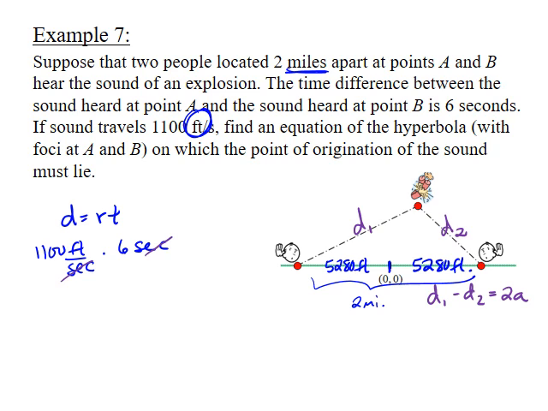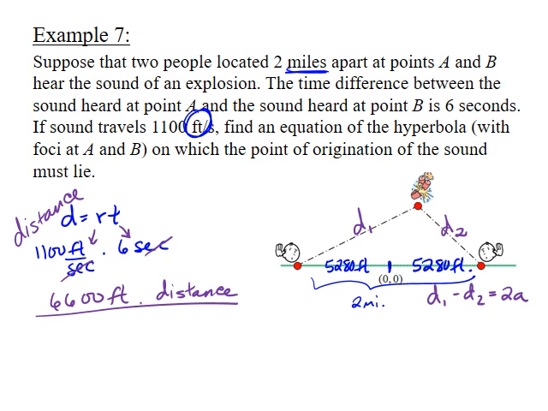The seconds cancel, and this is equal to 6,600 feet. This is the distance. This is the rate, this is the time, so this is the distance. This distance has to be this, so this is going to be my constant.